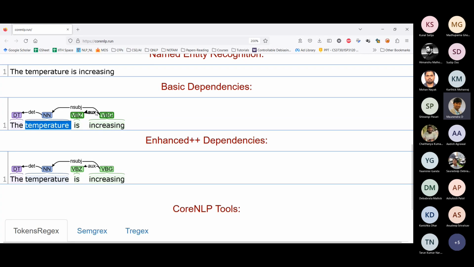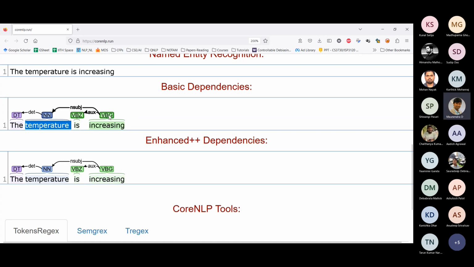So there is an edge here, and the is a determiner for this noun. And increasing is actually the root here, and is is an auxiliary verb.